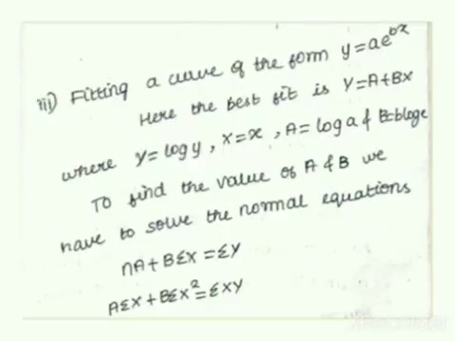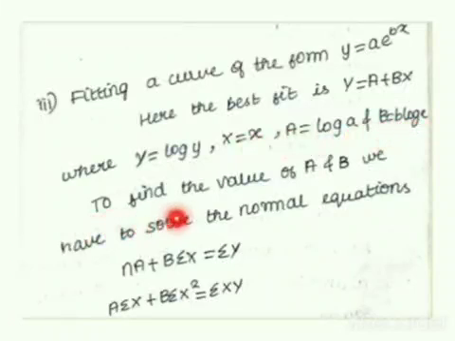Let us see our last method, which is fitting a curve of the form y is equal to a e power bx, which is the exponential curve form. Here the best fit is Y is equal to caps A plus caps B x, where Y is equal to log y. Our formulas are expanded here. So Y is equal to log y, X is equal to small x, caps A is equal to log a, and caps B is equal to b log e.